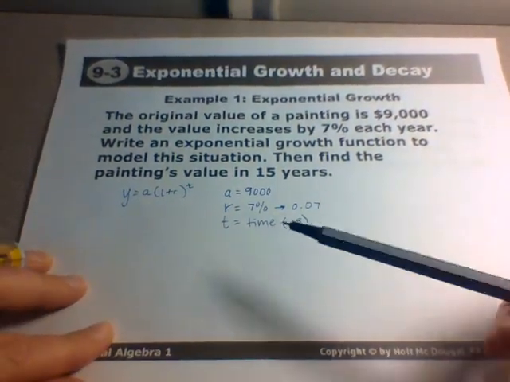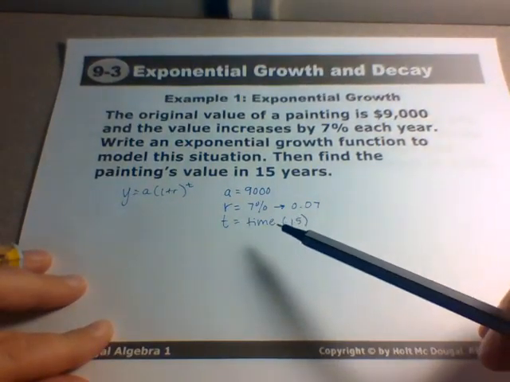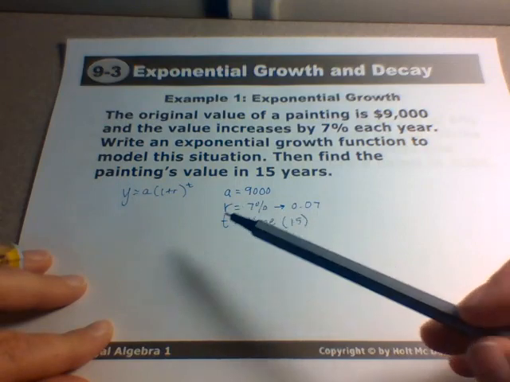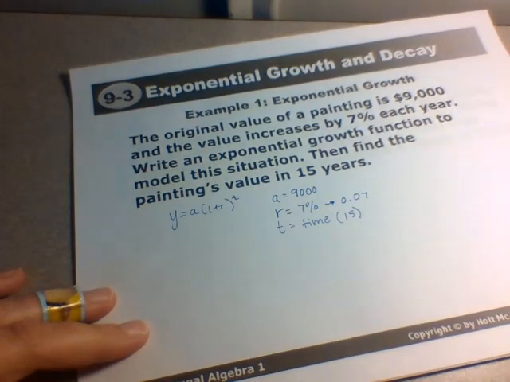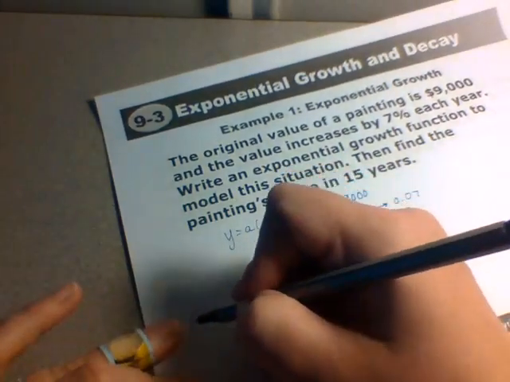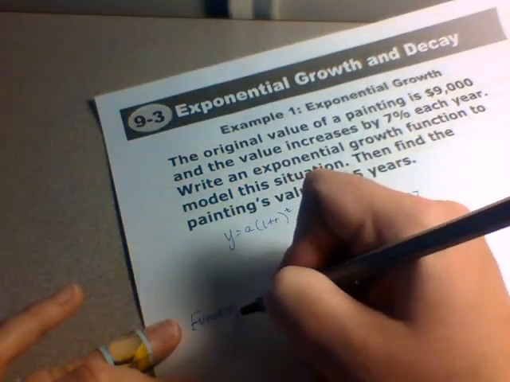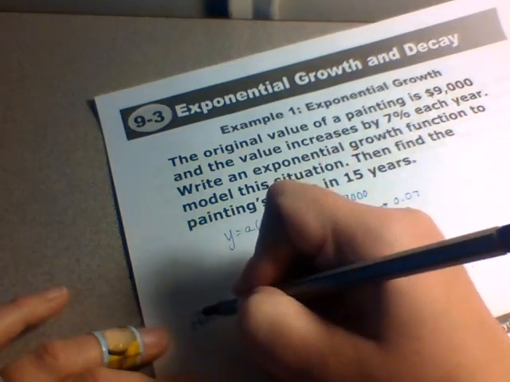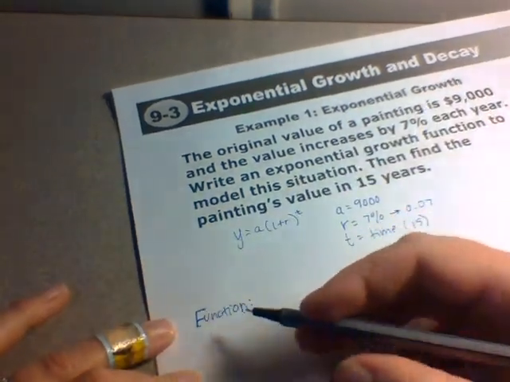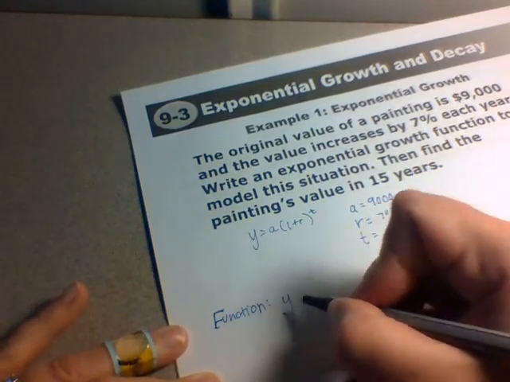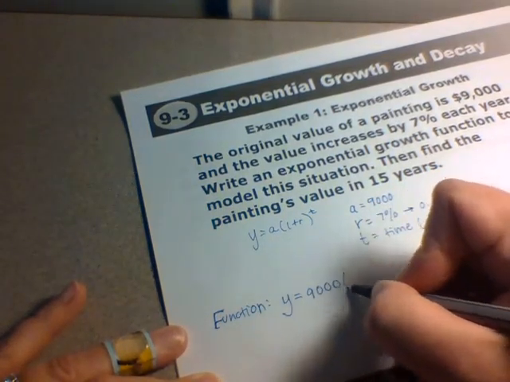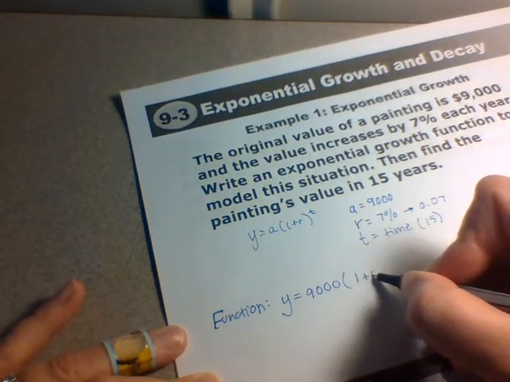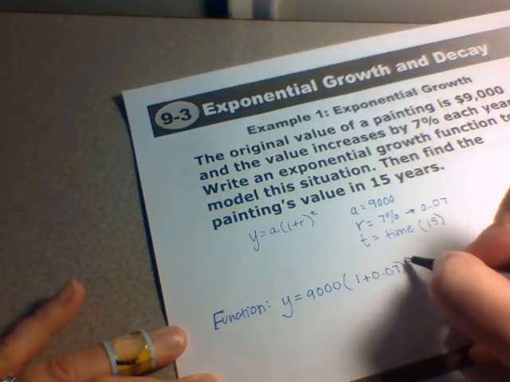Okay, so if we're starting out writing an equation, we do not want to actually put 15 in for time. So just to write the function, we're going to have a y, and it's going to equal 9,000 times (1 plus 0.07) to the t.